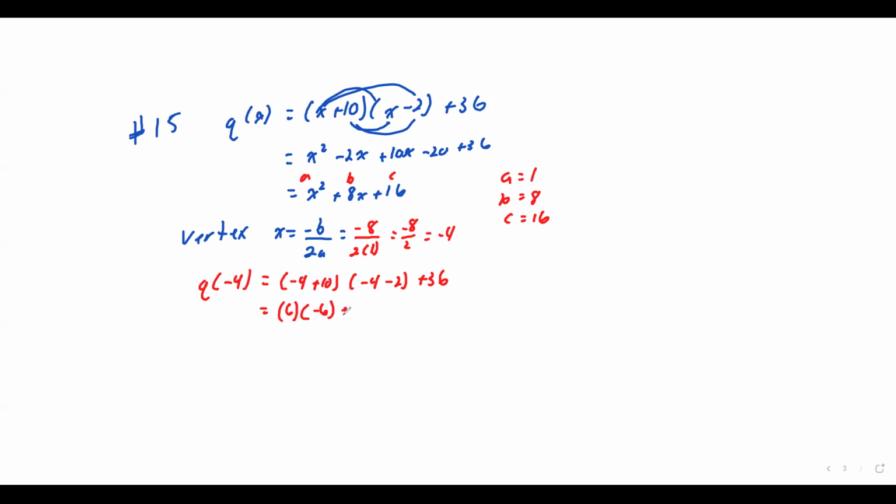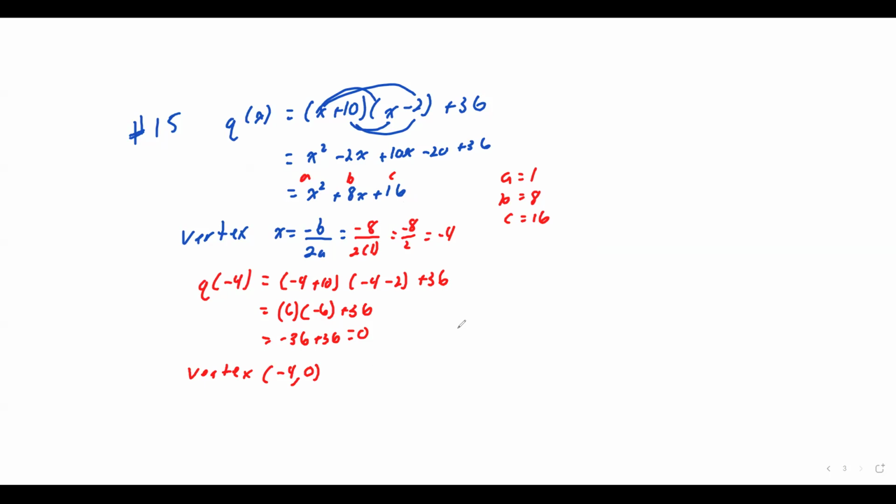Negative 4 minus 2 is negative 6. 6 times negative 6 is negative 36, plus 36 is 0. So my vertex would be negative 4 comma 0. And if I plugged it in here, that would be 16 minus 32 plus 16. You'd still get 0, so it works out both ways.